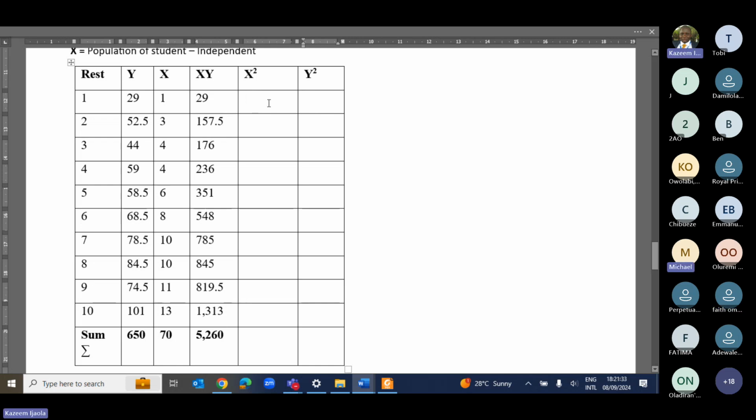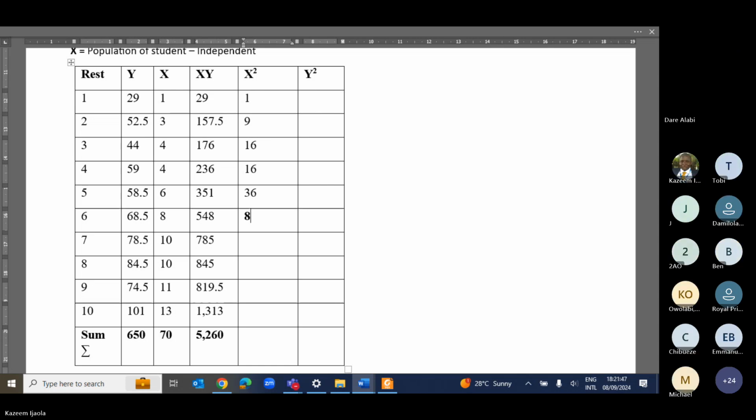So X square: 1 times 1 is 1. 3 times 3 is 9. 4 times 4 is 16. 16. 6 times 6 is 36. 8 times 8 is 64. 10 times 10 is 100. 100. 11 times 11 is 121. 13 times 13 is 169.